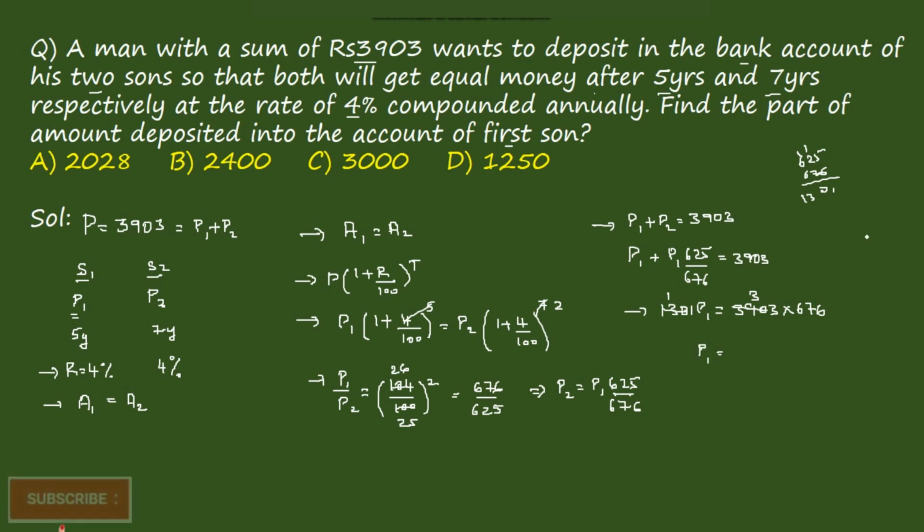I can find the value: 676 into 3, it becomes 2028, right? So the amount given to the first son is nothing but 2028. So the answer is option A.